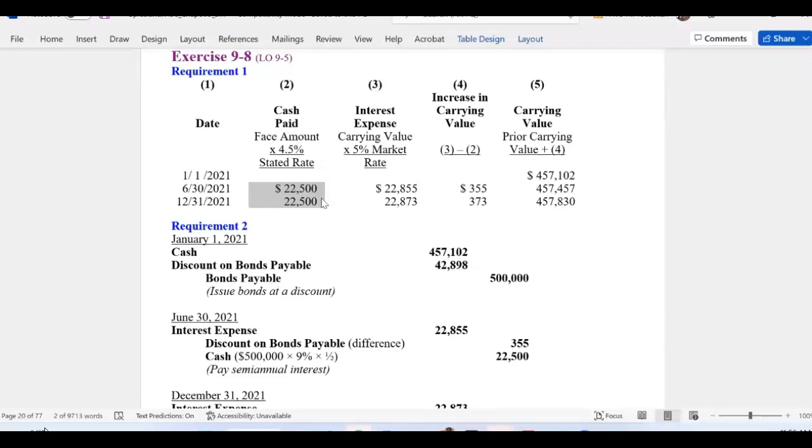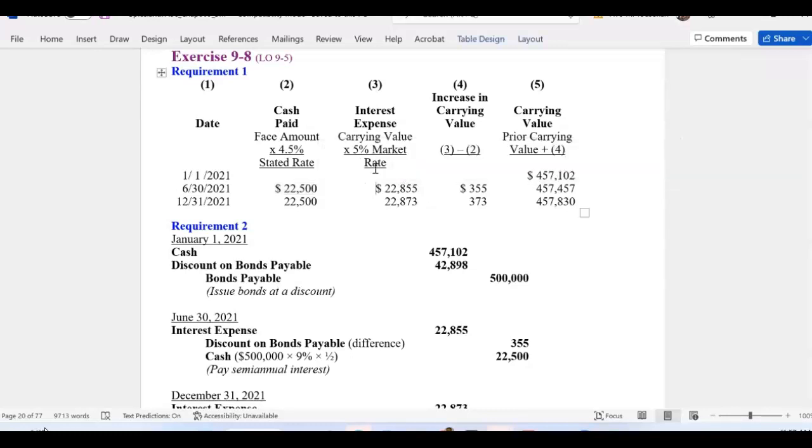That's 22,500, no matter what. Okay, you know where that is coming from. However, the interest expense actually is not based on 9%. The interest expense is based on the market interest rate. Remember I said everything else is based on market? So only the payment will be calculated based on the stated rate. Everything else will be based on market.